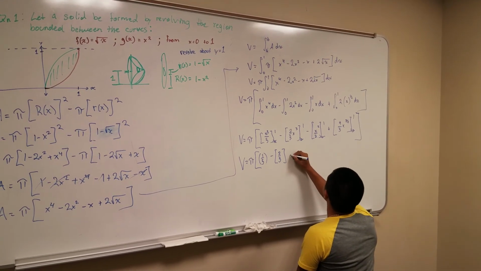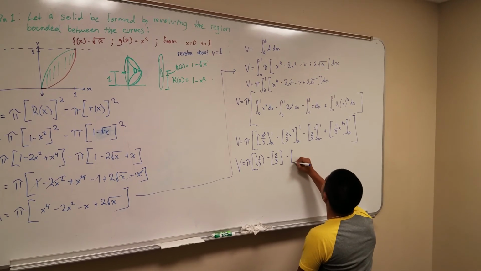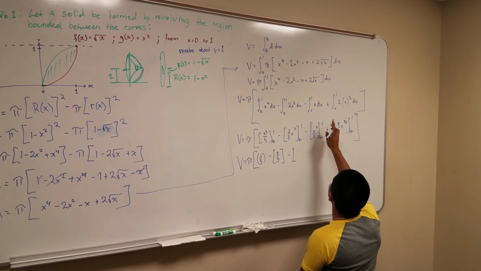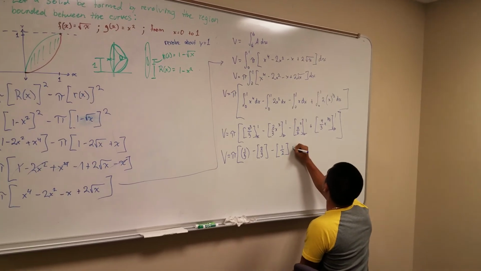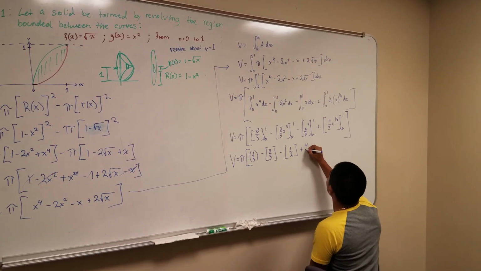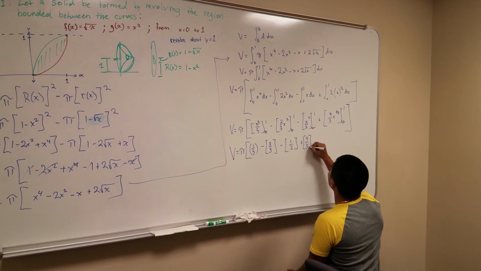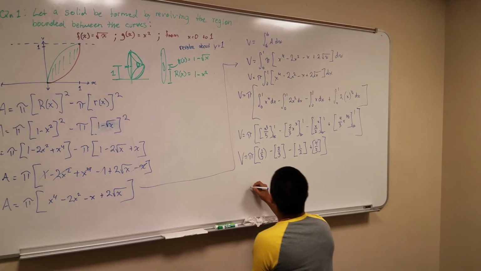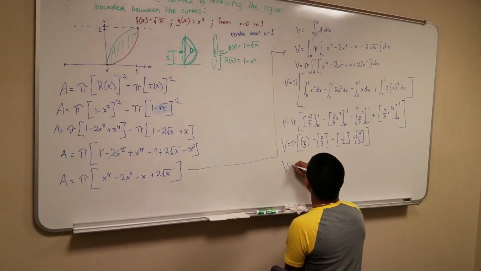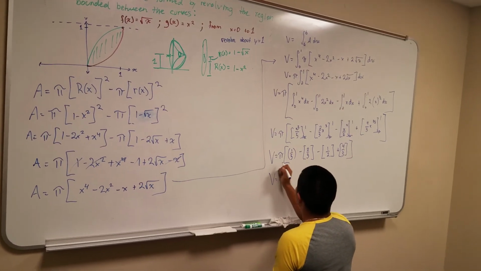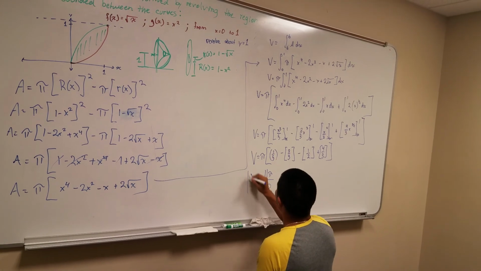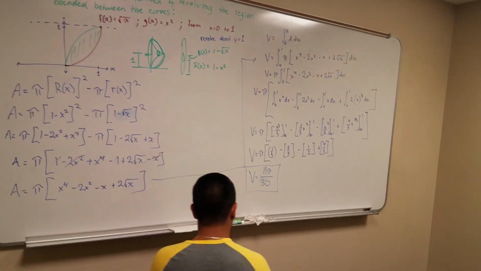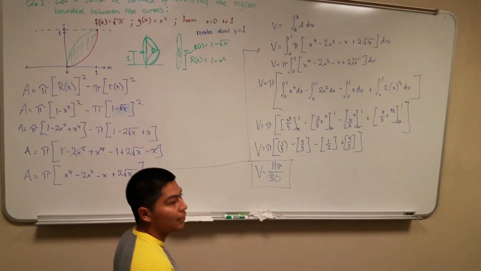Then this is going to be negative, 1 squared is 1, and then plus 4/3. And then we do a little number crunching on the calculator, and we should get 11 pi over 30. And that is your volume of revolution about y.